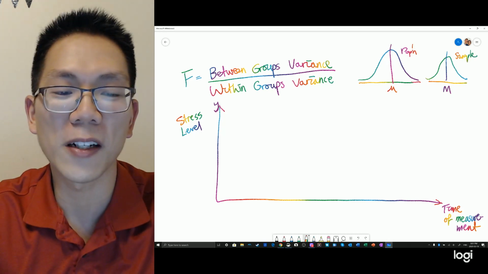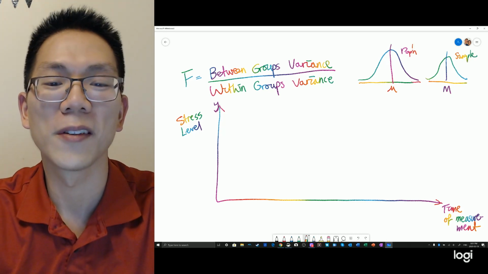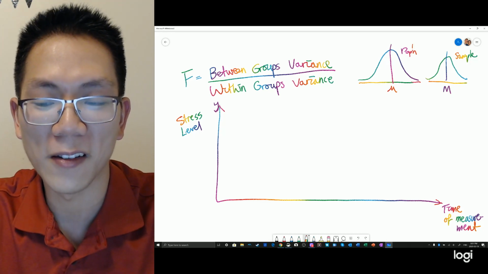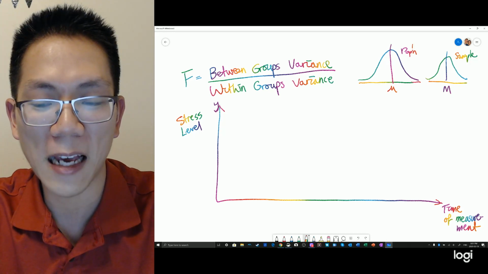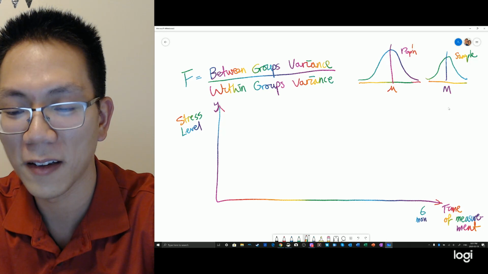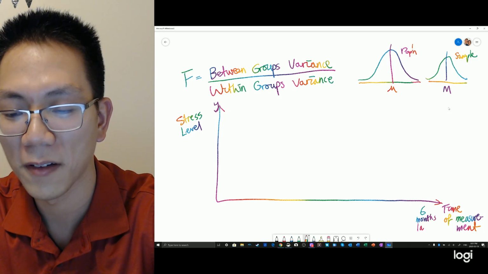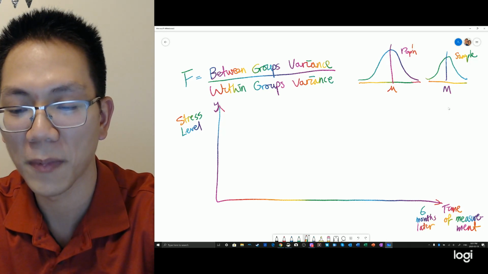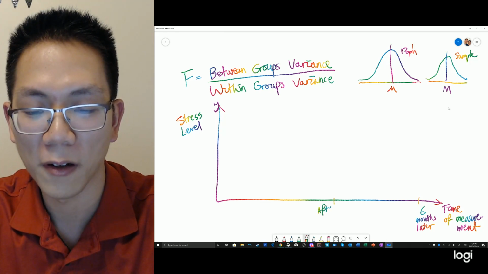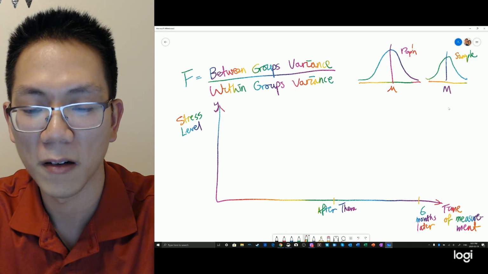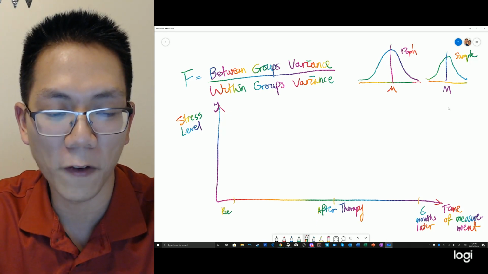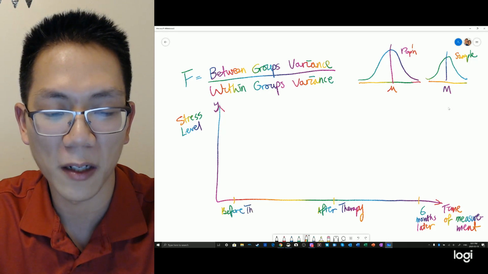Since we're comparing between samples, there are two ways of me drawing this. For example, over here is 6 months later, and then here is after therapy, and then here is before therapy.